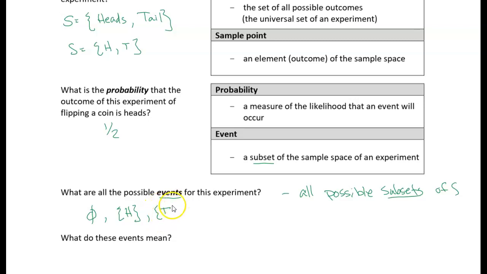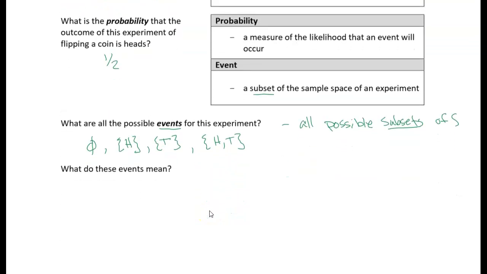Tails would be a subset of the sample space. And also, heads comma tails is a subset of the sample space. All right, so just by the definition of subsets, those are all the subsets of the sample space.